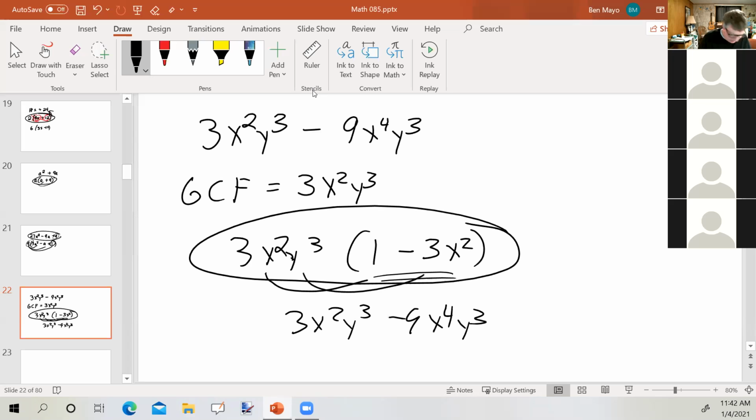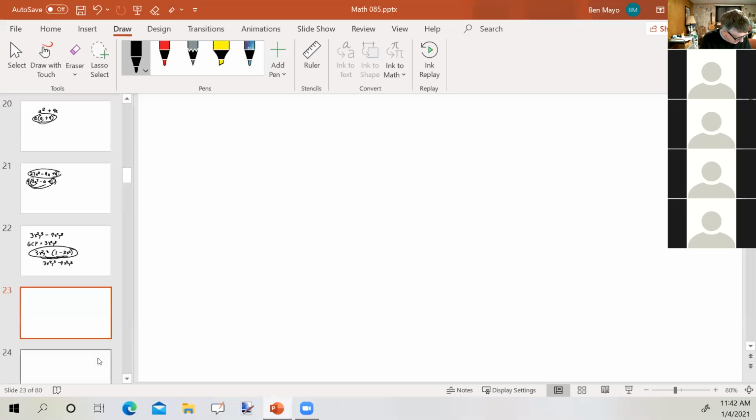Great. Okay, now, new set of directions. This says factor out -1 from each polynomial. So basically, I'm going to do that. Well, you may recall that if you distribute -1 through a group in parentheses, it changes the sign of each term inside.